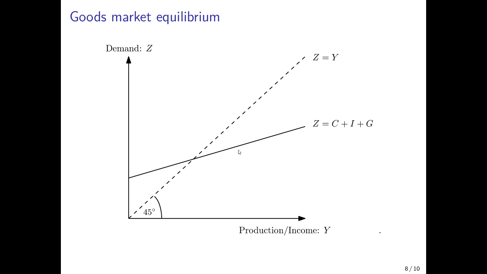So we will definitely have that at some point the aggregate demand curve will intersect the 45-degree line here because this line has a positive intercept and a slope that is less than 1. The point of intersection then is the goods market equilibrium. So that's the point where demand is equal to supply, and that is the equilibrium level of income and production that is equal to total demand actually.